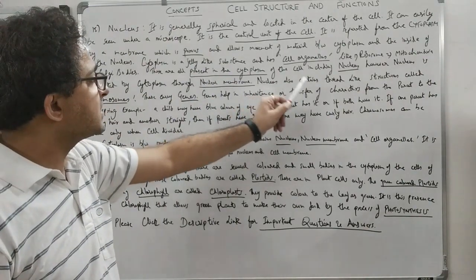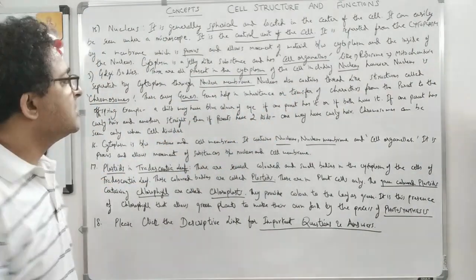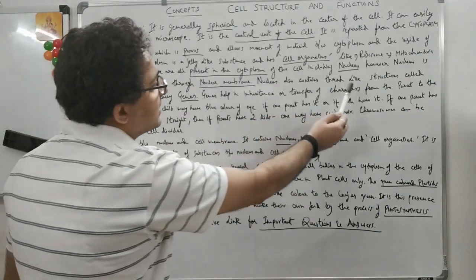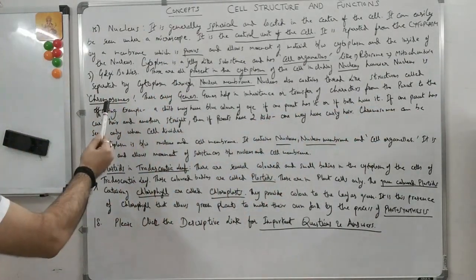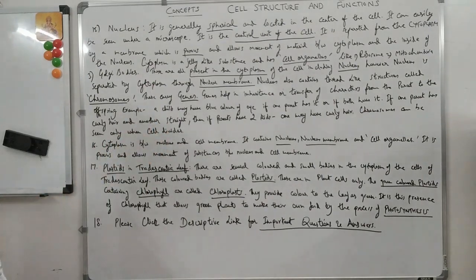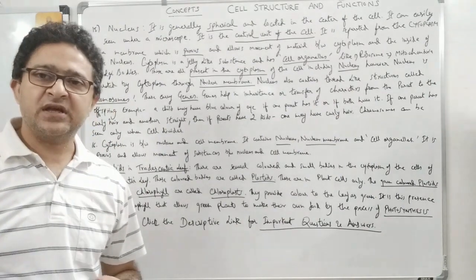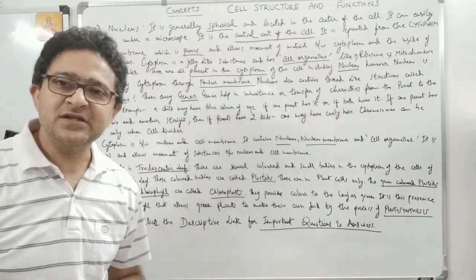Now, the important part here. A nucleus also contains thread-like structures called chromosomes, and these carry genes. So thread-like structures in the nucleus are chromosomes. They carry genes. Who carries genes?